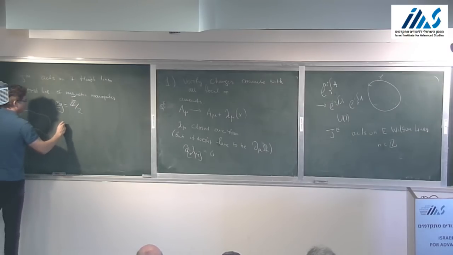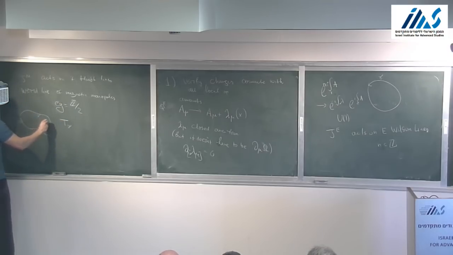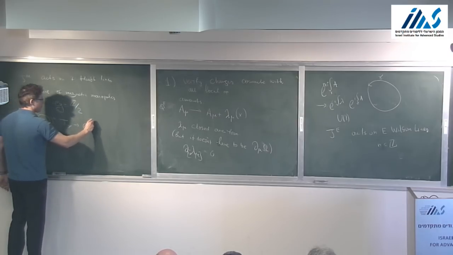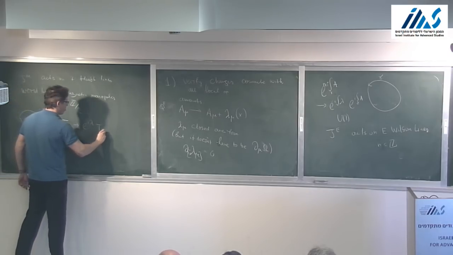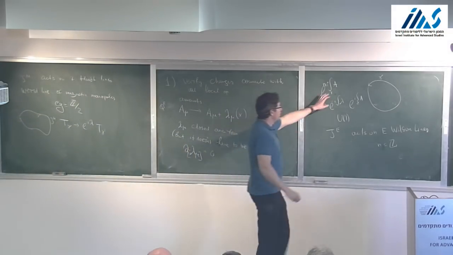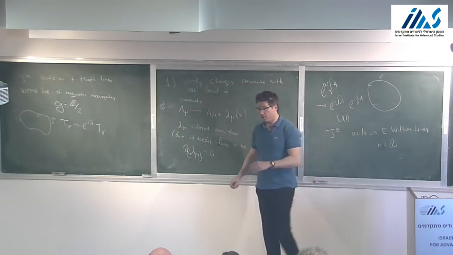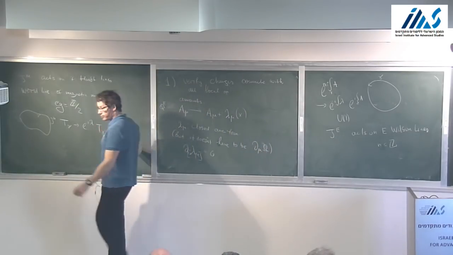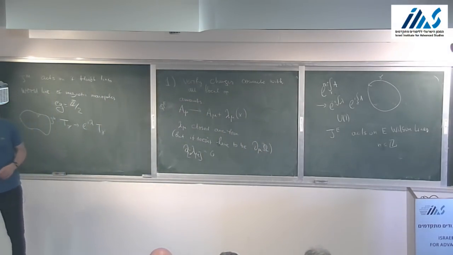We can call it the 't Hooft loop, which is supported on some curve gamma. And what Jm would do is rephase that. So JE rephases the electric world line, and Jm would rephase the magnetic world line. So the U1 times U1 one-form symmetry acts on the 't Hooft lines and the Wilson lines.